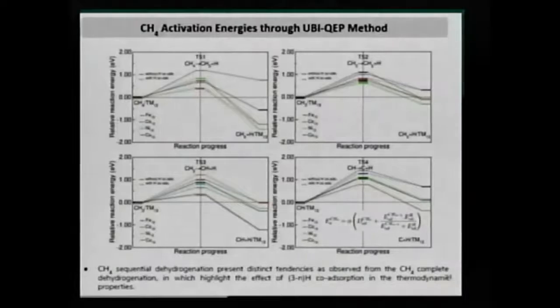If below, we have endothermic reactions. This is a little different from the previous results because these are the elementary steps, and we can now calculate the activation energy, the energy from the reactant to the transition states.